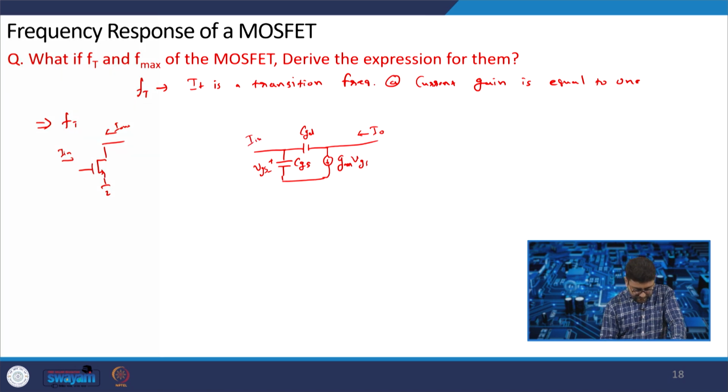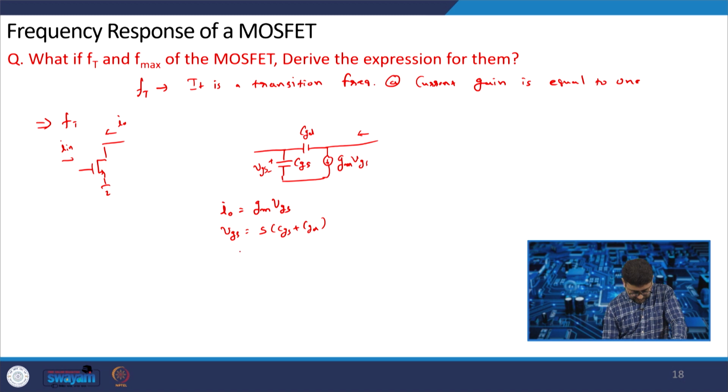So, generally it is denoted as a small signal, so it is better to write a small letter. So, if you write IO, which is equal to GM into VGS, and the VGS is given by I in divided by S into CGS plus CGD.